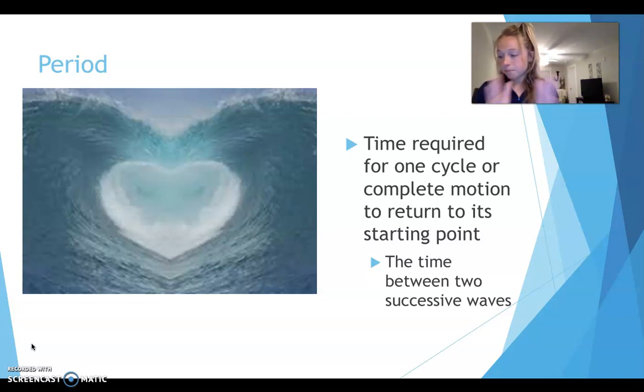Remember, periodic motion is repeating itself, right? So you can count two successive waves, then the third wave should come at the same time interval. Then a period is the time between the two crests. So kind of in the middle, they crest, and then they go down to the trough, and then up to the crest. It would be that time in between the crests.